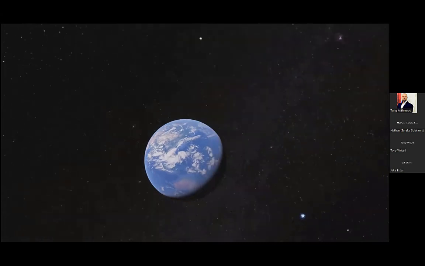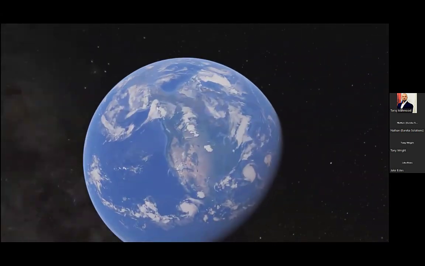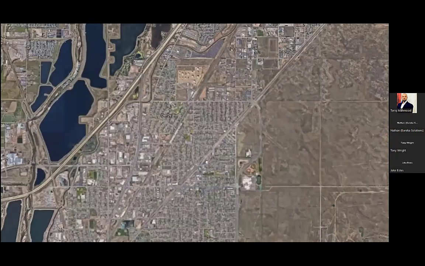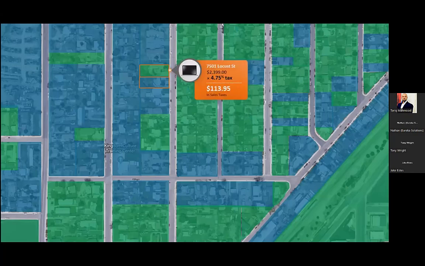So this slide will illustrate the complexity of US sales tax. We will zoom into an area in the state of Colorado. And as you'll see, two neighbors buying the same product from the same store are charged different sales tax amounts. This is because even though they're in the same zip code, they can still fall into different tax jurisdictions, as highlighted on this slide with the shades of green and blue.